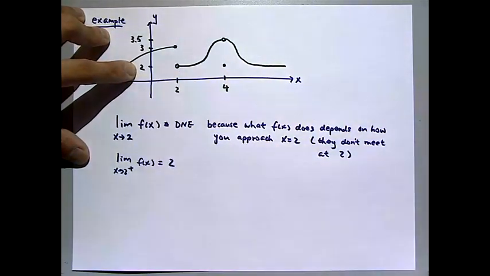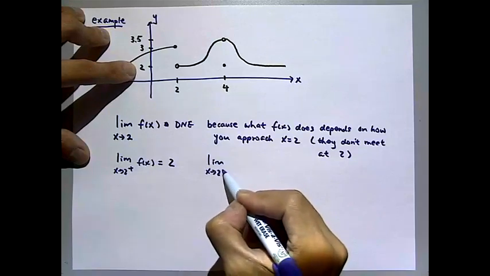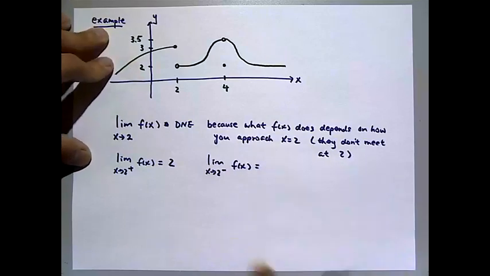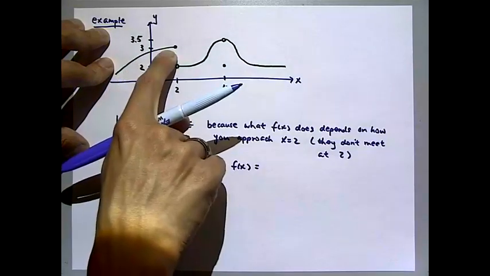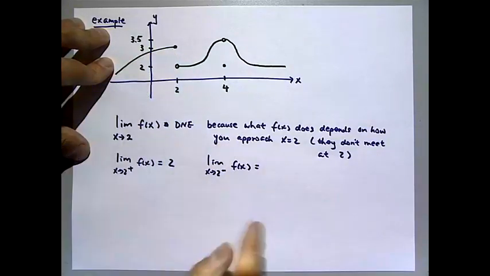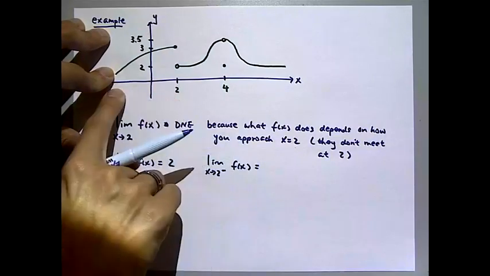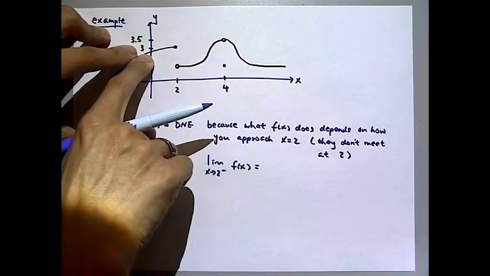So that's the right-sided limit. And coming from the left, I only pay attention to this portion of the graph. I follow that path, and by making x close to 2 from the left side of 2, I can make y as close to 3 as I want to.